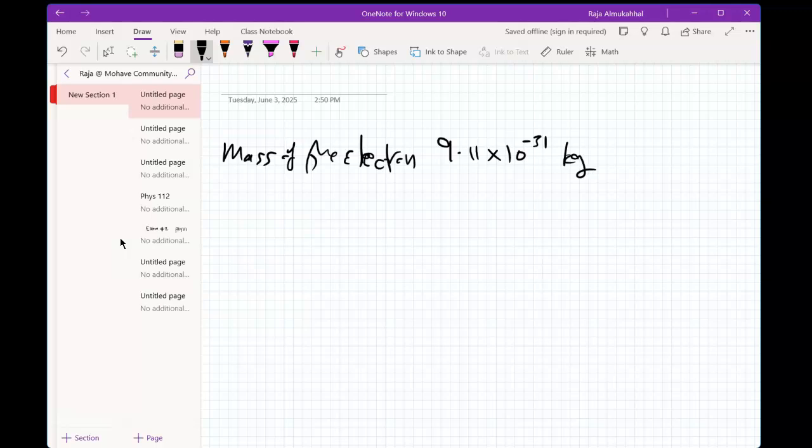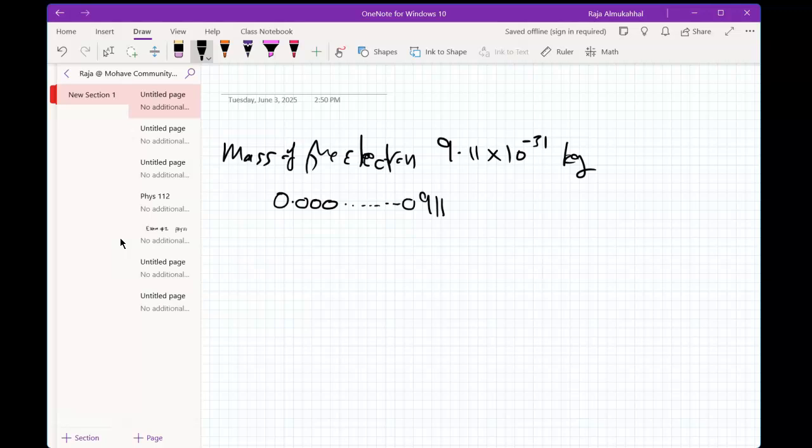What that means, if I were to write it in a natural number, it would be something like this: 0.000 and so on, 31 zeros until I get to 911 down there. So there will be a very large number of zeros. Again, this is very unrealistic.